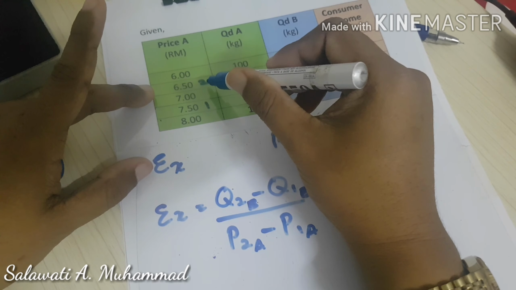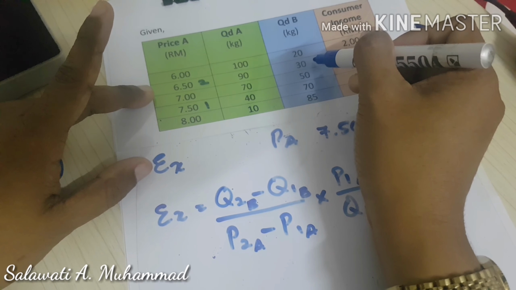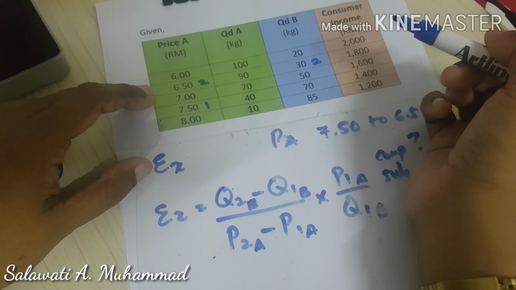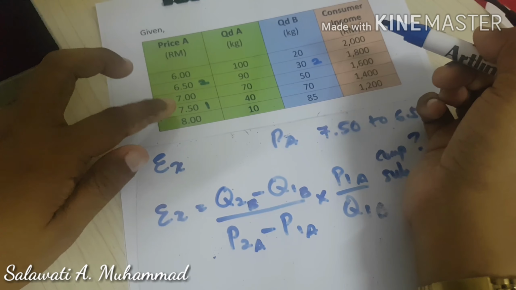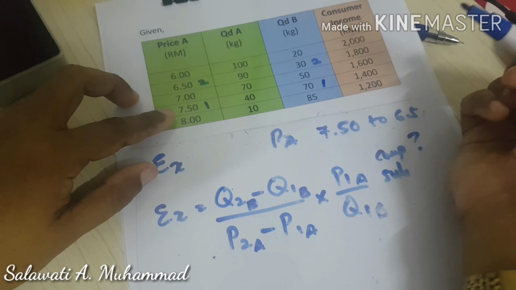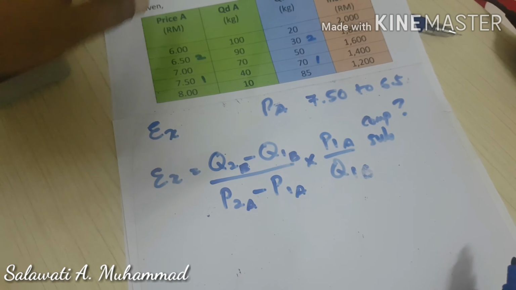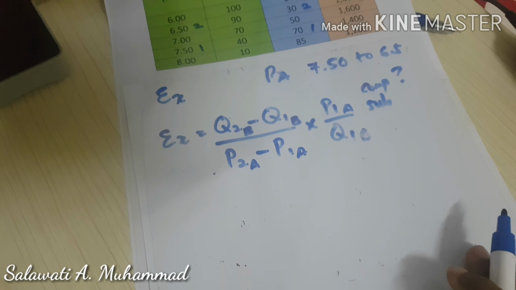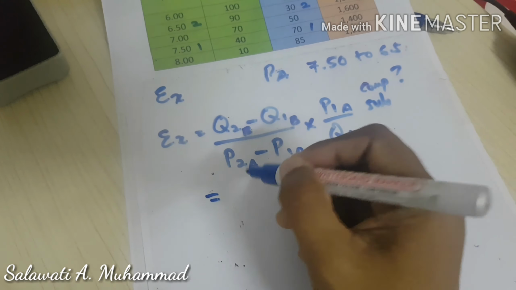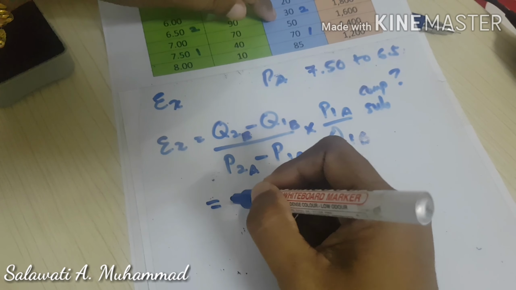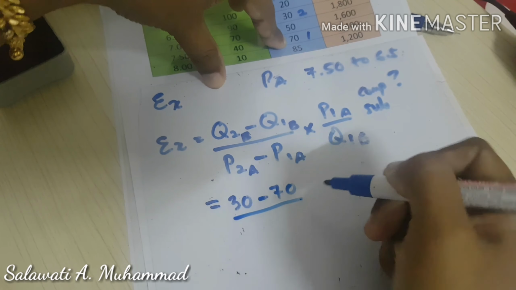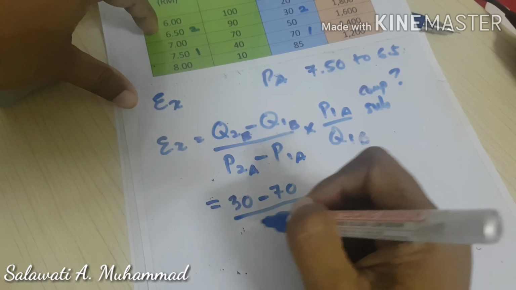If the price is 6.5, which is 2, then here 30 is the new quantity. 7.5 is 1, then 70 here is Q1. Then we replace it into our equation. Q2 is 30 minus Q1 70, subtract P2 is 6.5.